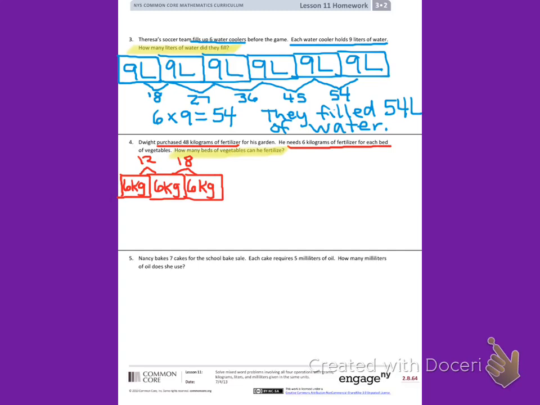because in the underlined portion of number 4 it says that Dwight had purchased 48 kilograms of fertilizer. So I will keep going until I get to 48. So 18 and 6 is 24.